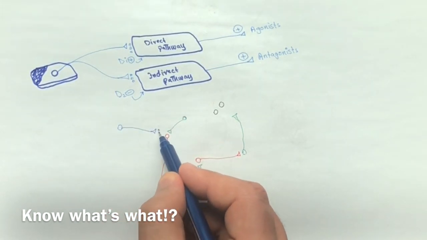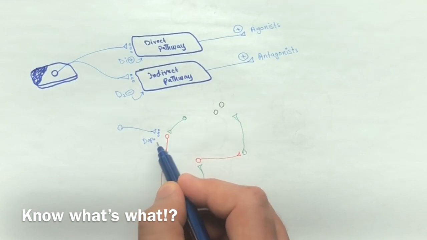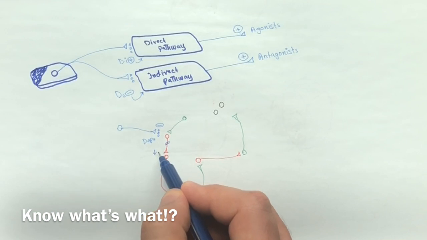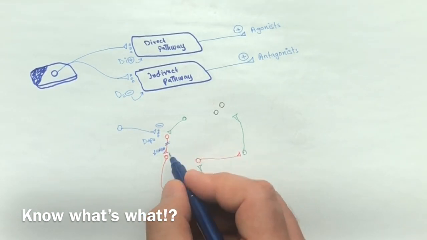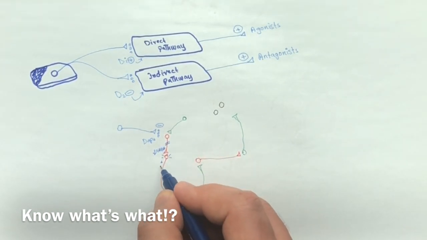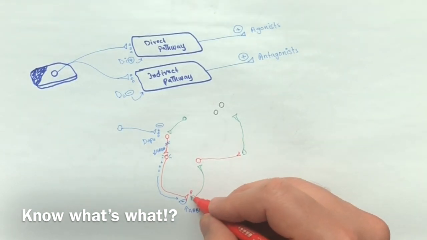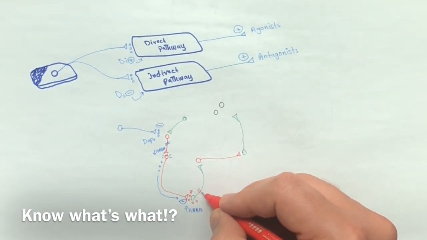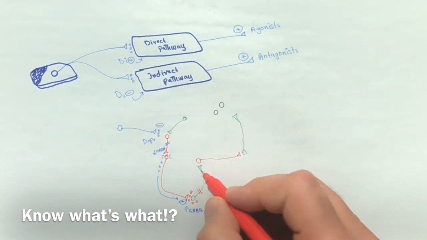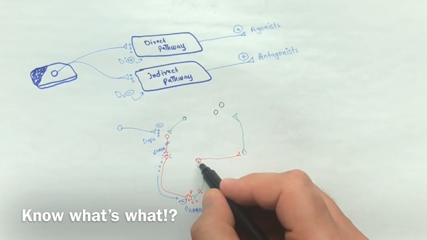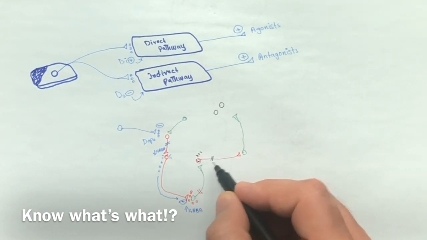Let's say here is the indirect pathway, and here is the dopa release on the indirect pathway, and it's inhibitory, so it inhibits these neurons in the globus pallidus externa, right? So these neurons will go to the subthalamus. In the subthalamus, there will be an increase of GABA, and the increased GABA will inhibit the subthalamic nuclei, and this will lead to those neurons in the globus pallidus interna being put to sleep, meaning they are not excited by the glutamate release.